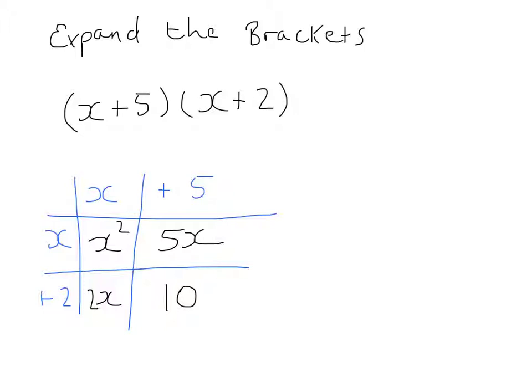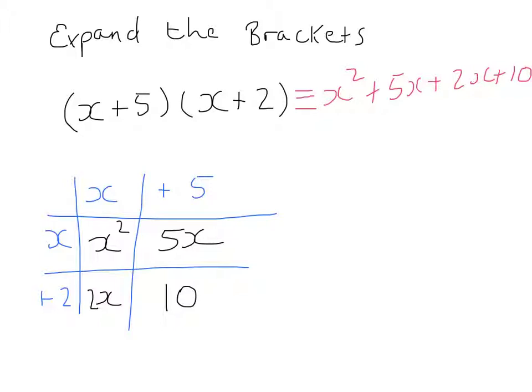So now we can rewrite this expression just by taking each of these terms and adding them all together. So this expression is the same as having x squared plus 5x plus 2x plus 10.